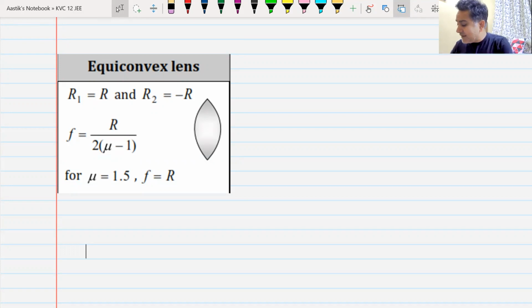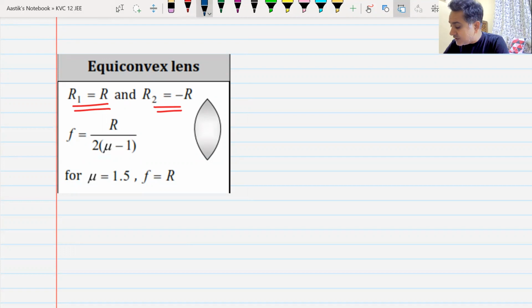In the biconvex lens, both radii of curvature are equal. R1 and R2 are equal. It is known as an equiconvex lens. Have you heard this term, equiconvex lens? Both the radii of curvature are the same.